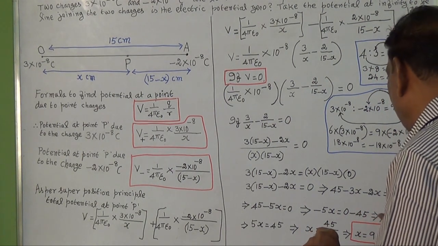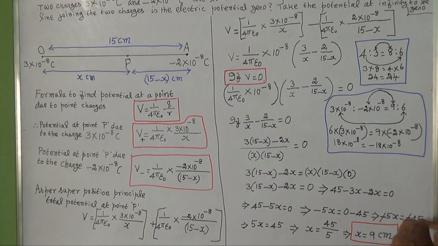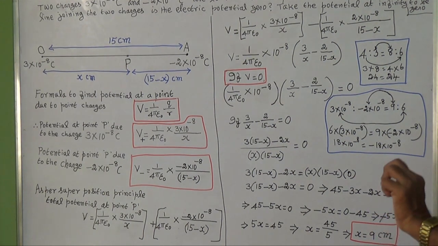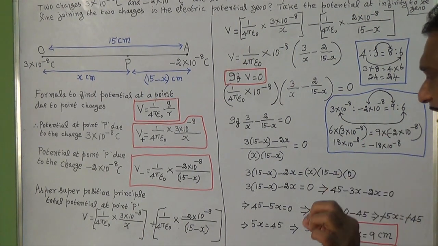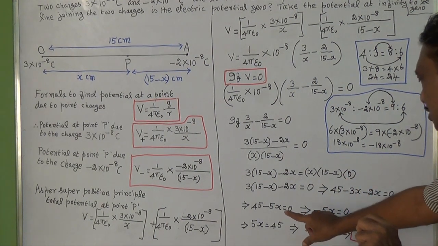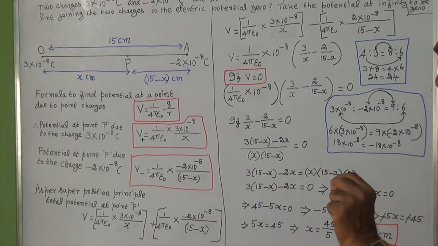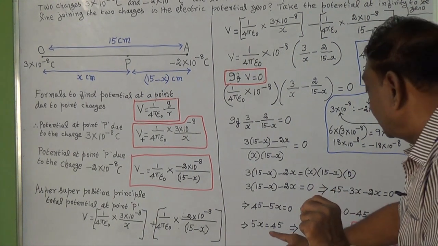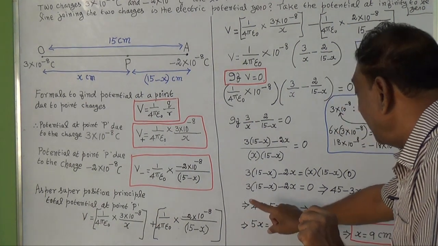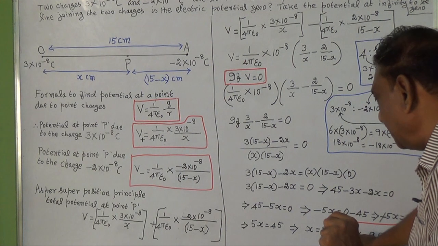That is minus 5x equal to minus 45. If we cancel the negative sign in the left side and the right side, we will get 5x equal to 45.